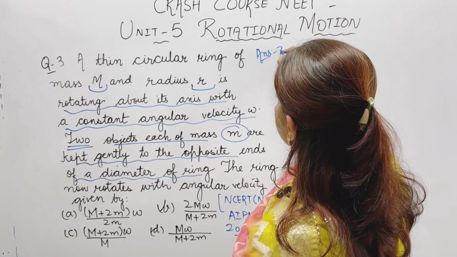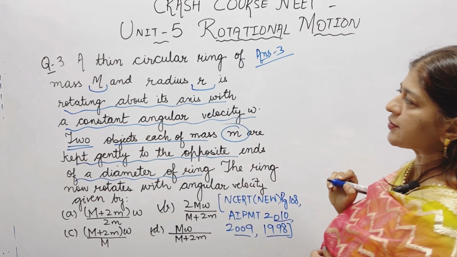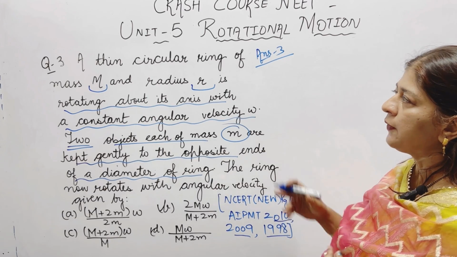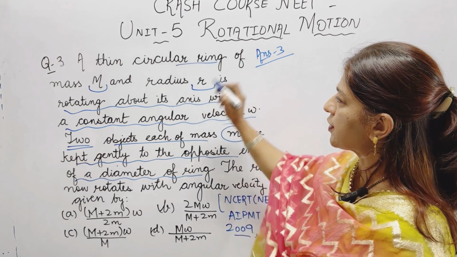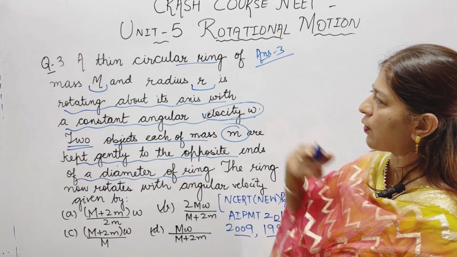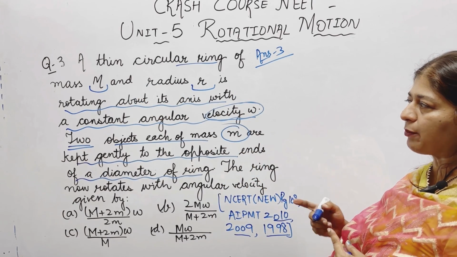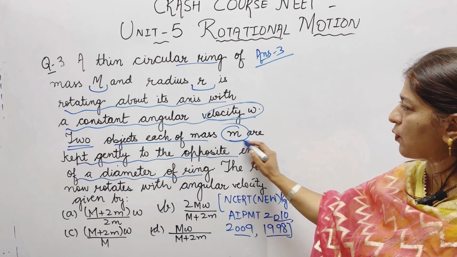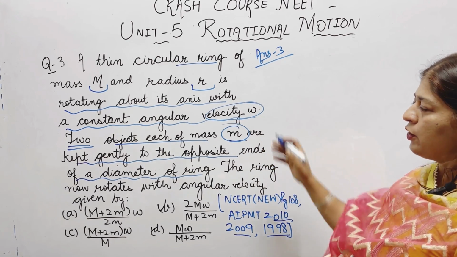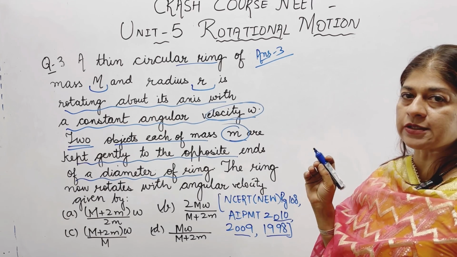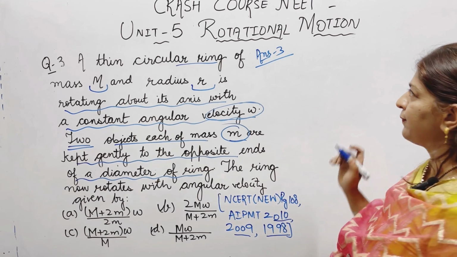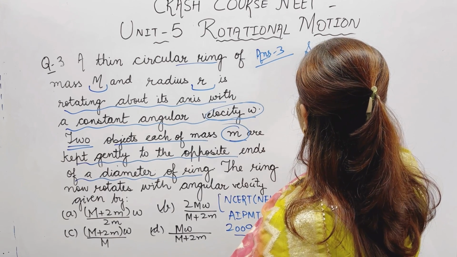Again we will recap whatever the things have been given. There is a circular ring and it is moving with velocity omega. Capital M is the mass and small m is the radius. Now what has been done? Two objects of mass small m are kept gently to the opposite ends of a diameter of the ring. So in this whole question, no external force or change in external force is there. So the concept will start from here.